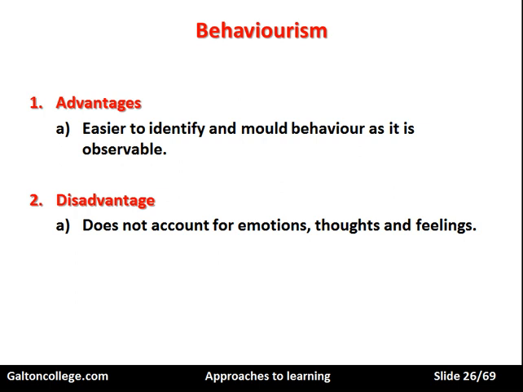We can see their approach to a certain situation, and we can see how they apply themselves, and we can see the outcomes. These are observable. What we can't do is observe emotions and thoughts and feelings. We don't know what's going on inside the person's head. We can only see what's been produced. And that's a disadvantage, because the real processes, in many respects, are going on inside the person's head.